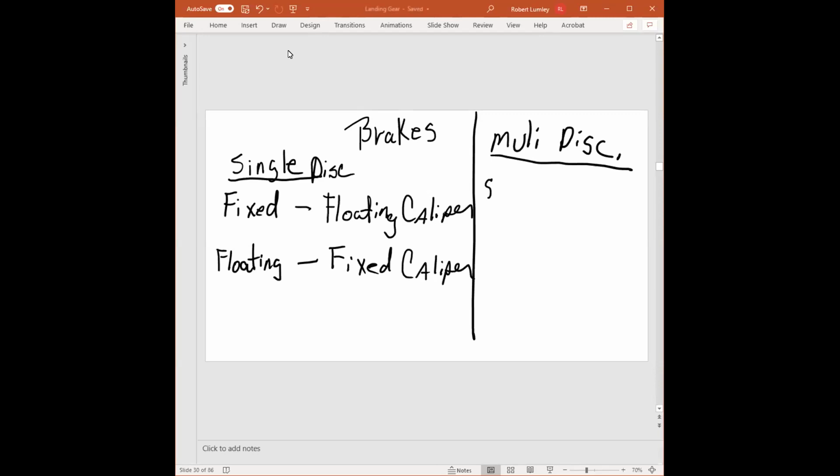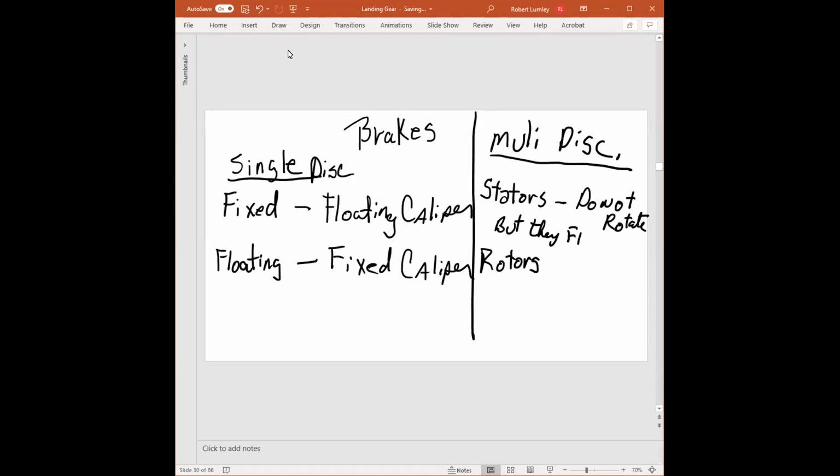In a multiple disc brake system, we have two types of discs. We have what's known as stators and rotors, okay? The stators are stationary, meaning that they do not rotate, but they float.